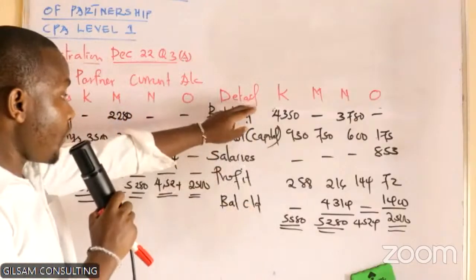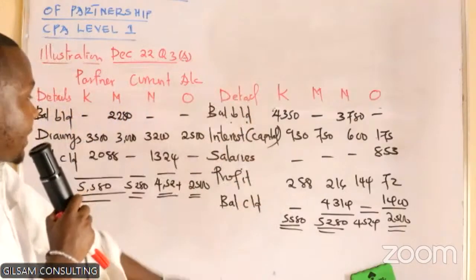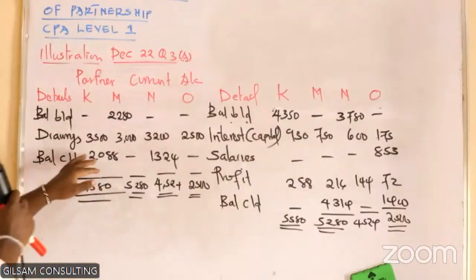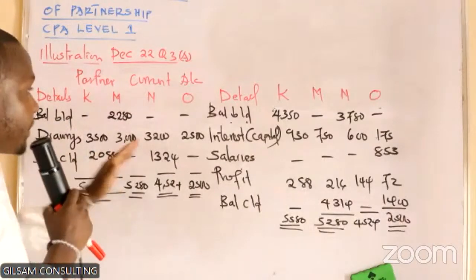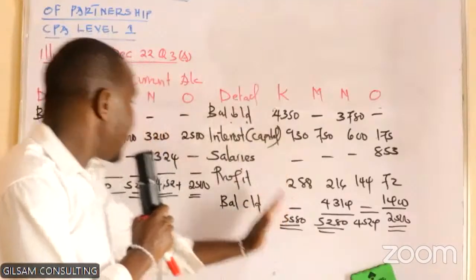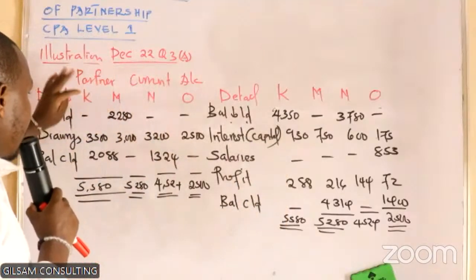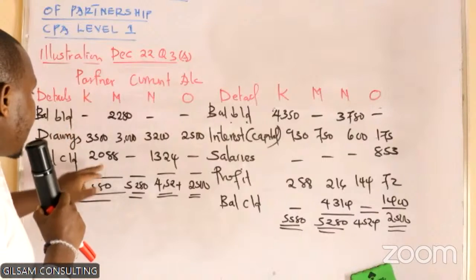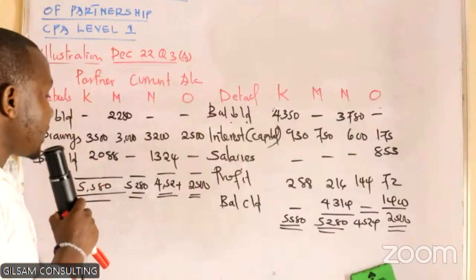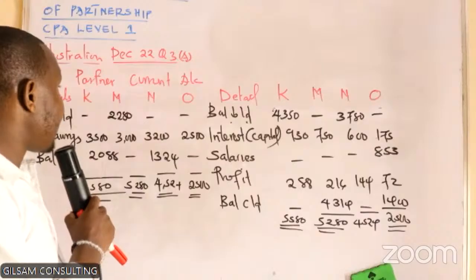So for Get, the balancing figure is on a credit of 2080, the difference between the total of this minus the total of this. The difference is 2880, which is on a debit. That is the balancing figure.